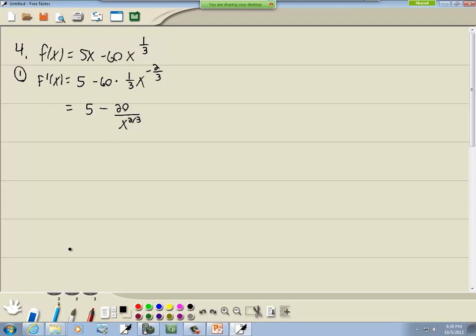Now always on these problems, you want to get a single fraction. If you've got one fraction and something else, you need to merge them together. So I'll put this over 1. Then our common denominator, you just multiply these two denominators together, and our common denominator would be x to the 2/3.